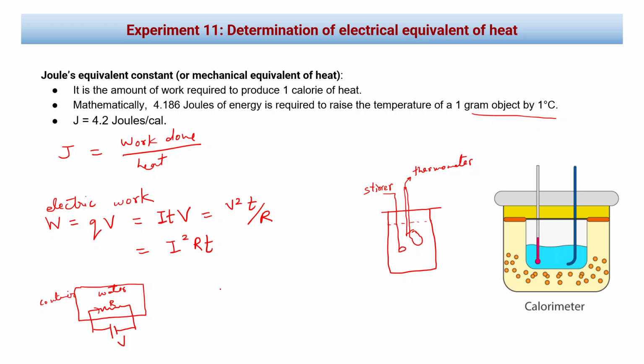So by this definition, if the specific heat capacity of a body is known, then we can write the heat supplied as the product of the mass of that body times the specific heat capacity, sometimes we use the symbol C or S, times the temperature difference. So this is the expression for heat supplied for that body.